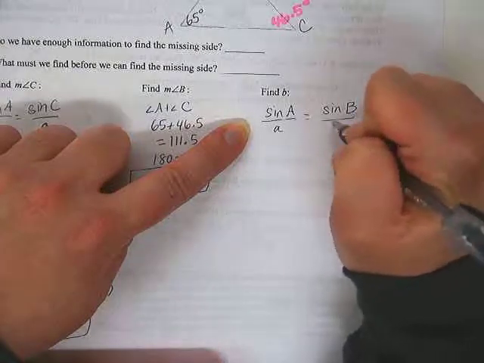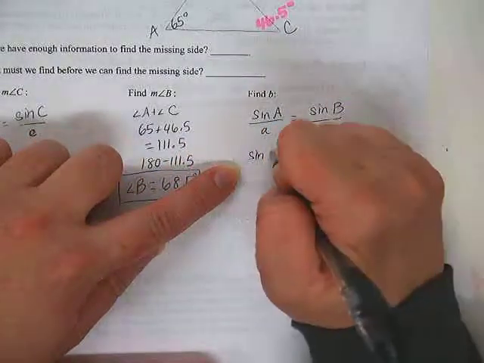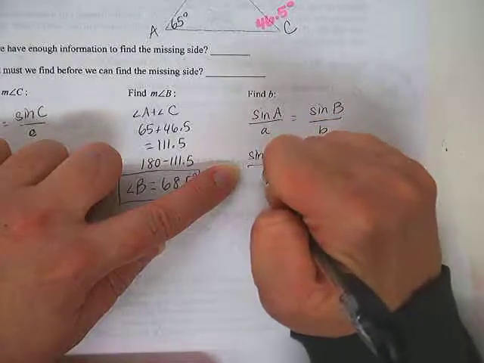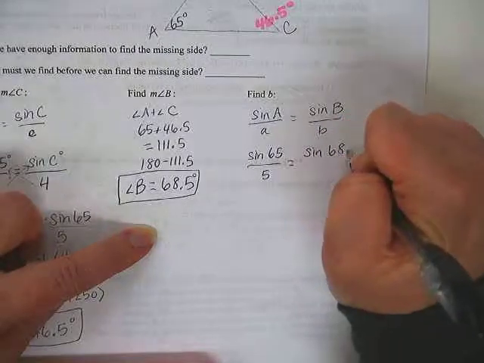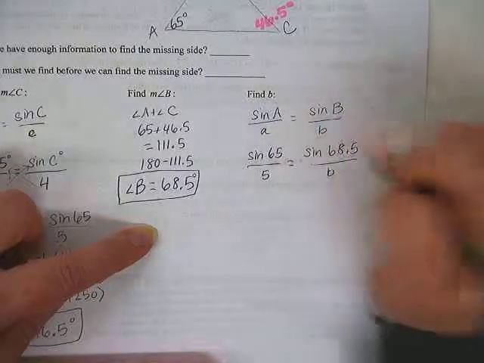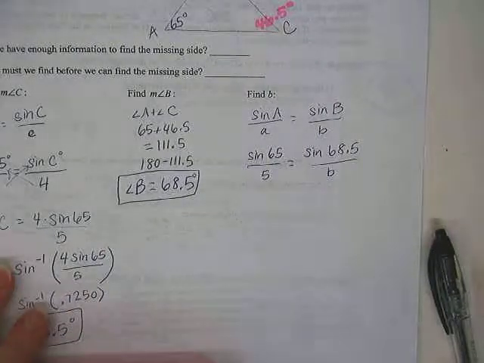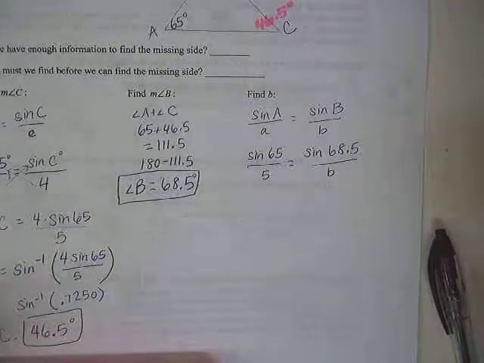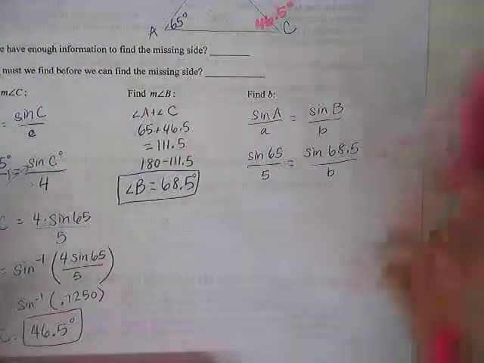So instead of using A and C like we did the first time around, we're going to use A and B. Sine A over A equals sine B over B. Okay, so now let's plug in the numbers. Sine of 65 over 5 equals sine of 68.5 over B, which we don't know the answer to.